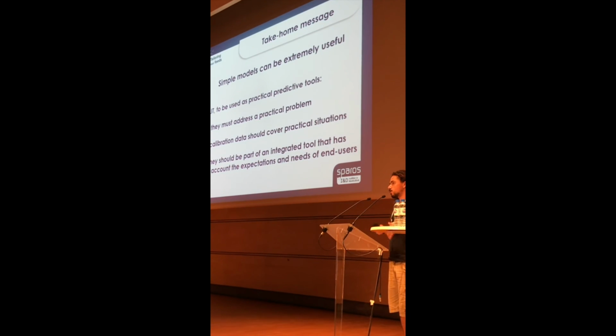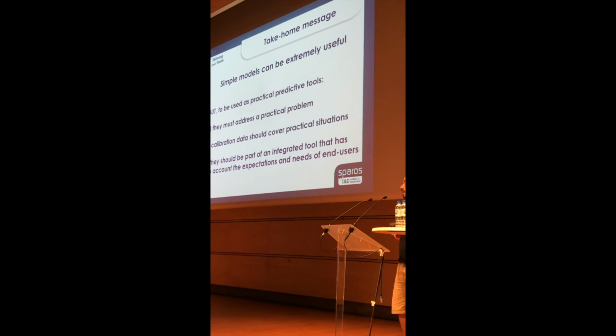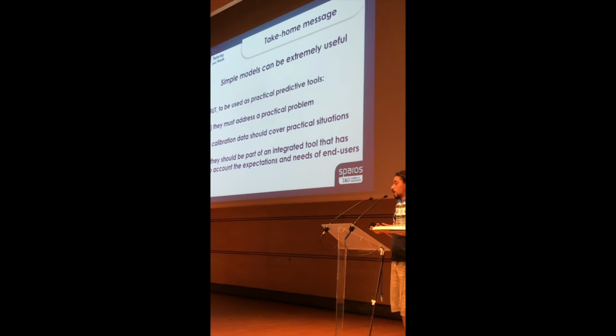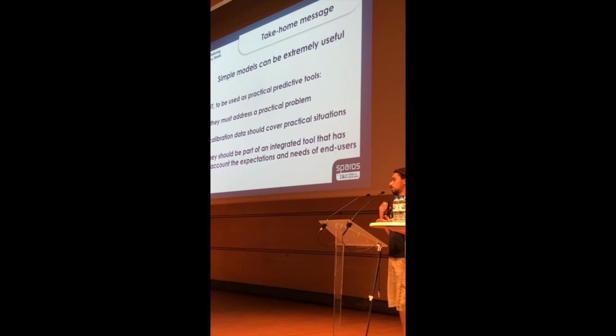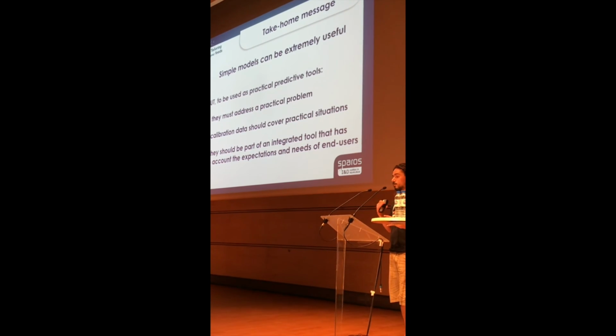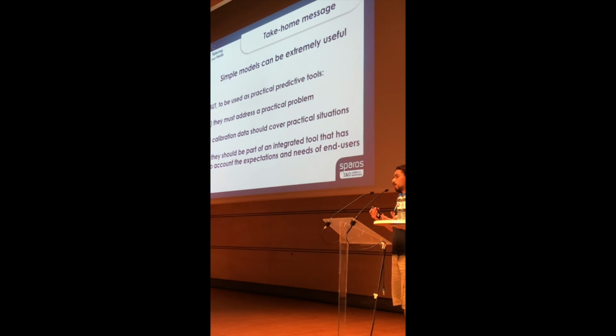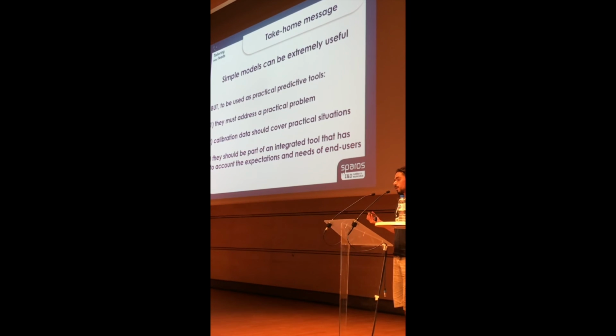And so to sum up my presentation, the point I wanted to get across is that even extremely simple models can be very, very useful in a practical sense. But if we want them to be applicable to practical solutions, we have to take into account several points. One of them is that, of course, the model should address a practical problem, but also that we have to calibrate the model with enough data to cover all the practical situations.